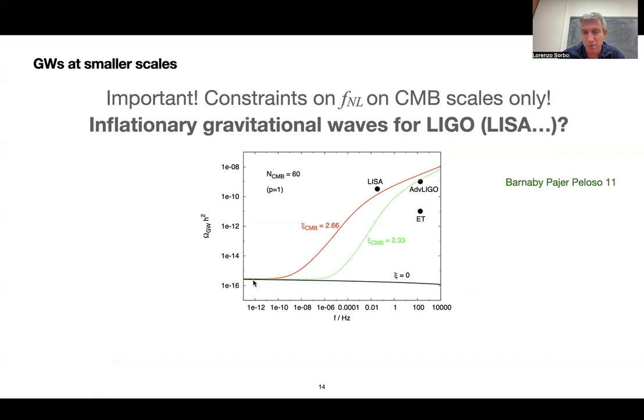So you see now there is no effect. The black line corresponds to no photons, and there's no effect here. But then as you go to larger frequencies, depending on the choices of parameters, one can have curves that might cross LISA sensitivity, LIGO sensitivity. This is an old plot. I will show a more up-to-date plot soon.